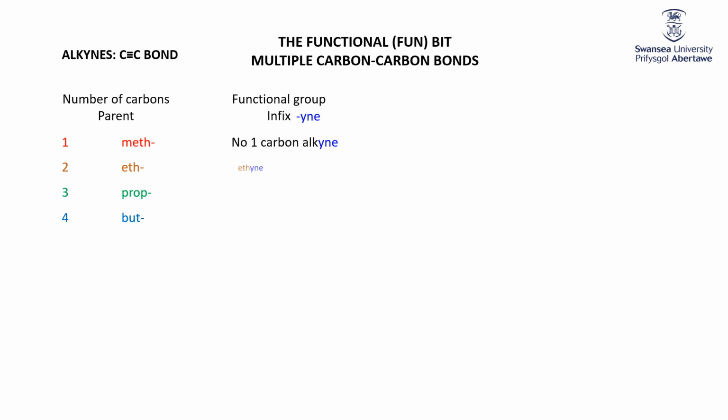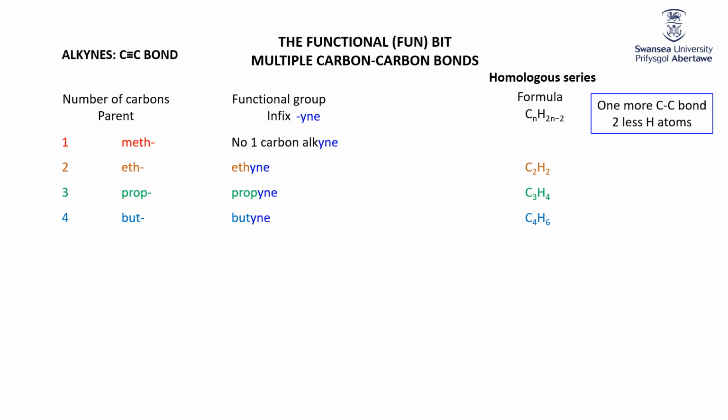No one carbon alkyne, ethyne, formula C2H2, propyne C3H4, butyne C4H6. You can continue yourselves. What is the formula for the homologous series? Well, we again have made an extra carbon-carbon bond, so we've lost 2 hydrogens. So you can see if you calculated, it's CnH2n minus 2 there.